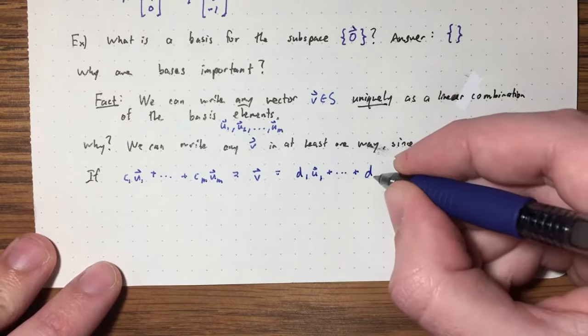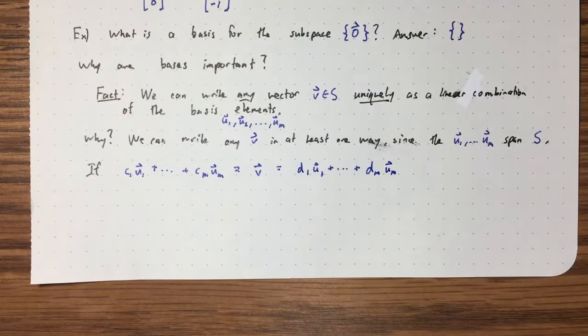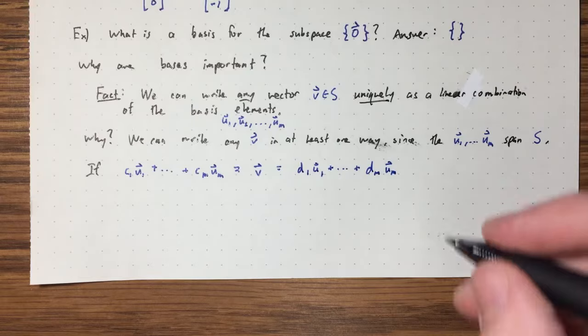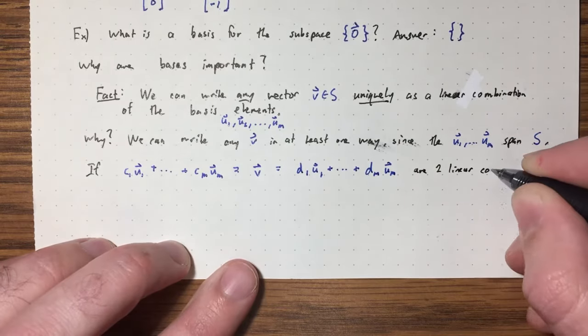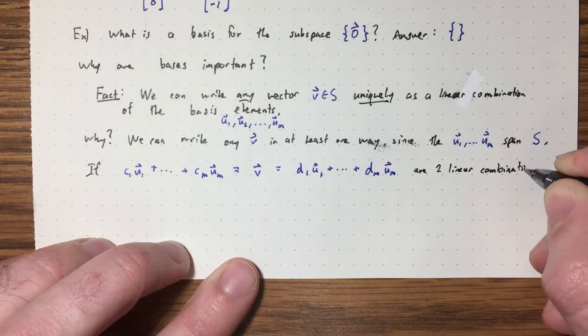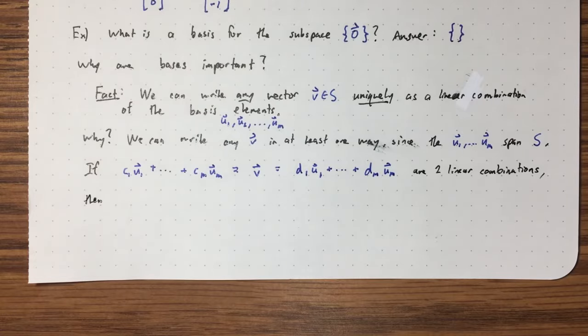Let's say I have d1 to dm as my scalars. So if these are two linear combinations for my vector v, then we see what we can do.